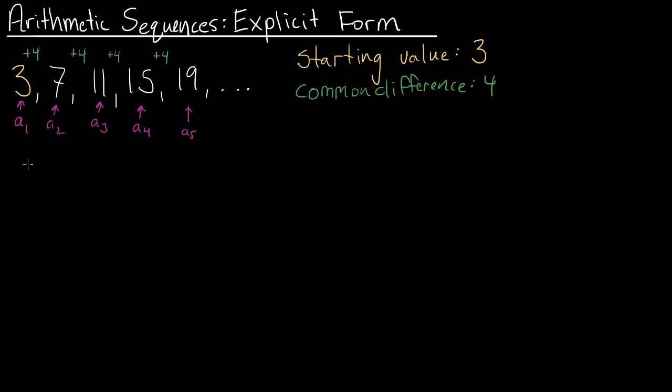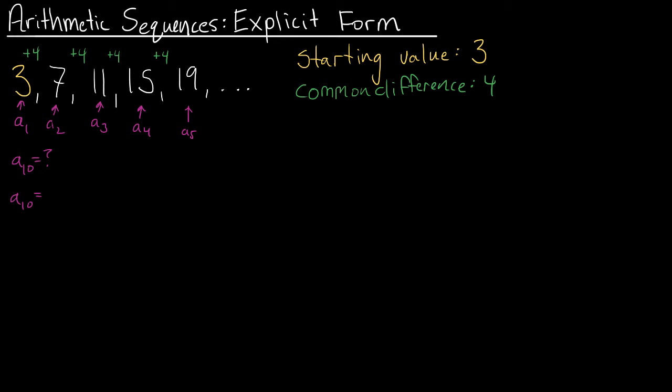Now let's say we wanted to find out what A sub 10 was equal to. In other words, what is the 10th number in this sequence? Well, we can reason our way through what this would be equal to. So let me write this out again. We have A sub 10. We're trying to figure out what the 10th number in this sequence would be equal to.